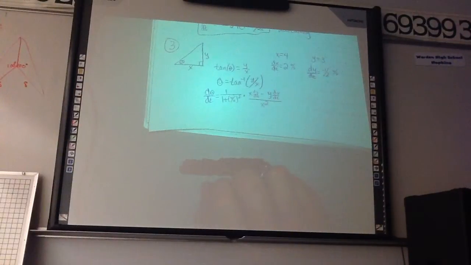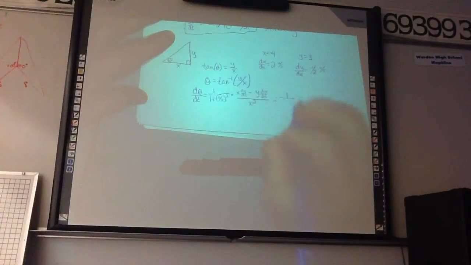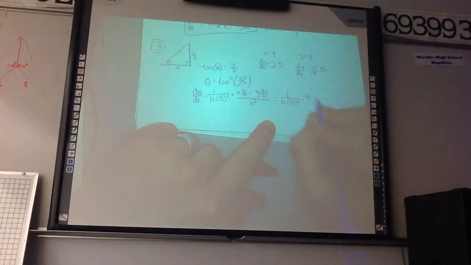Now just plug in what you have. So we're going to have 1 over 1 plus y over x, which is 3/4, squared, times 4 times 2 minus 3 times negative half.